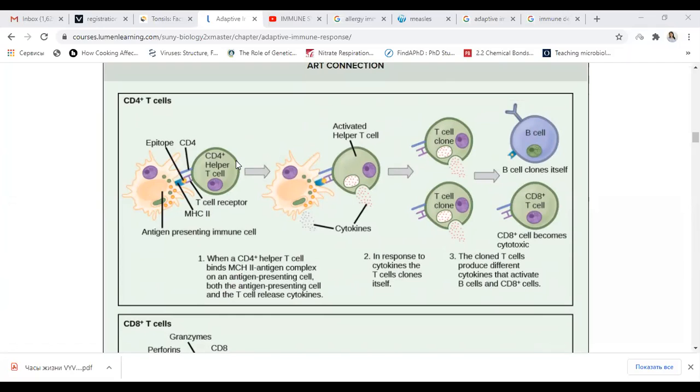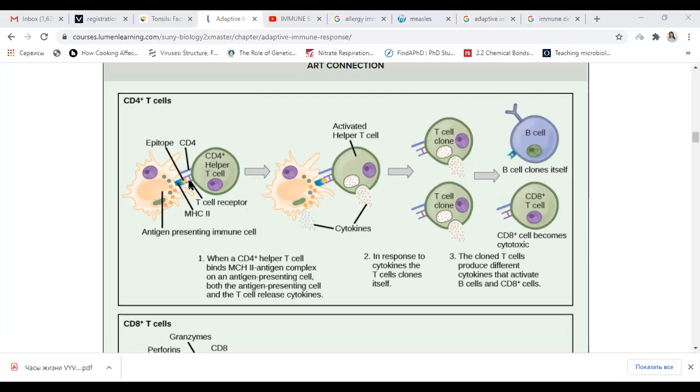Okay, good. So this is your T cell. This T cell has its receptor to recognize the antigen. Epitope is a specific part of the antigen that is recognized by the T cell receptor. Each T cell has its T cell receptor, and this is the co-receptor that gives it its name, CD4.